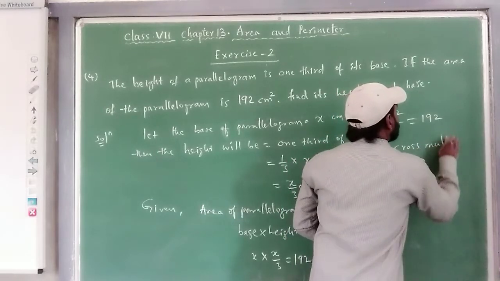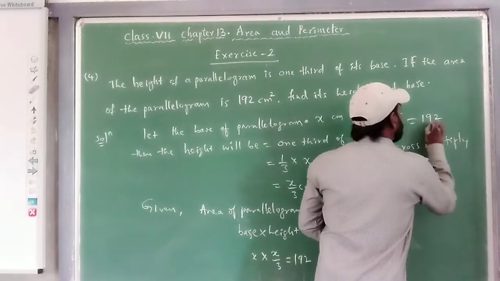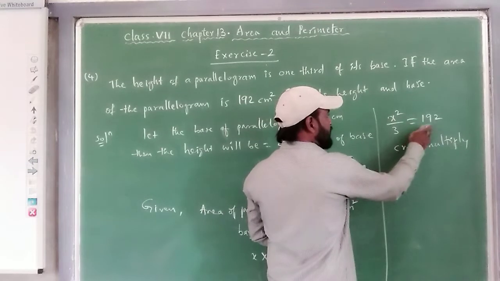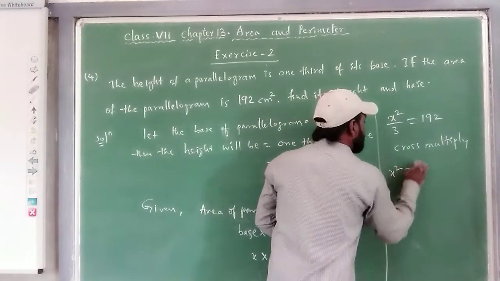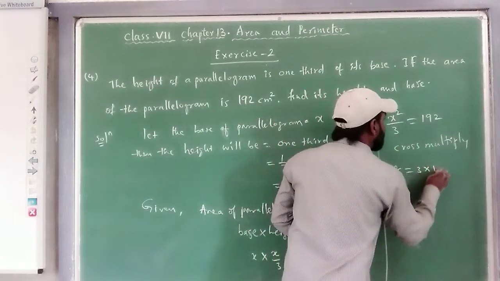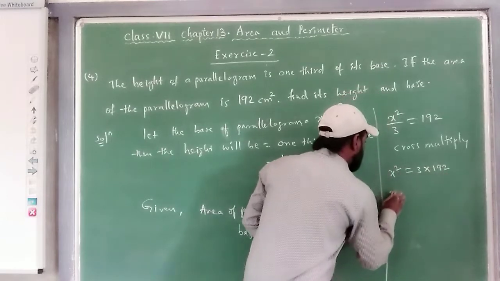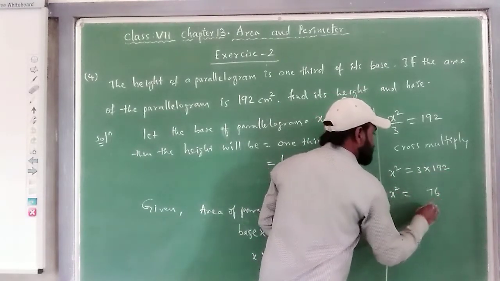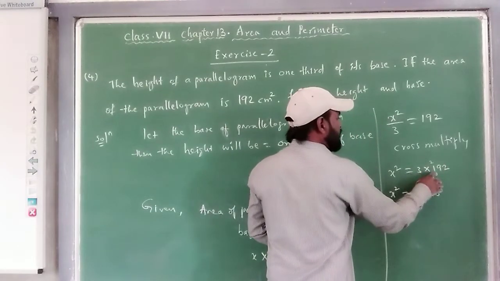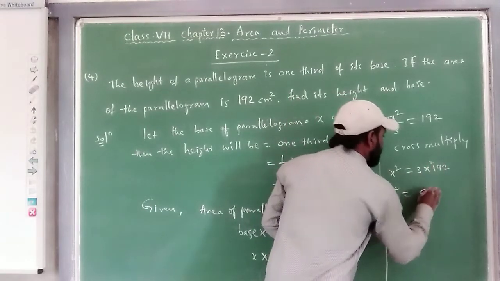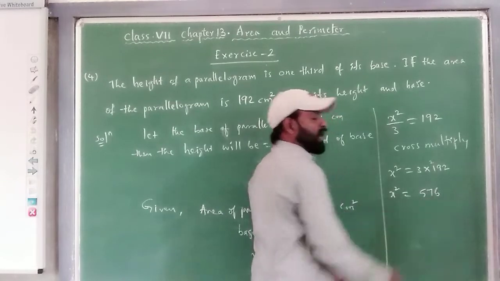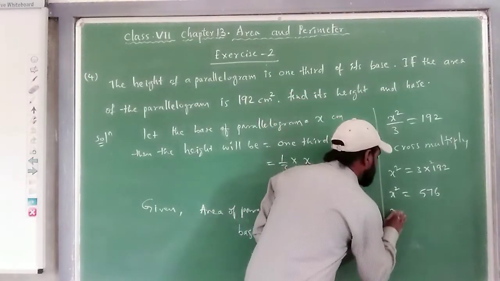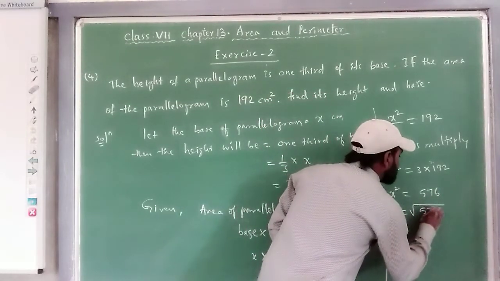Cross multiply. So 1 into x square is x square only. This side it will be 3 into 192. So x square is equal to, 3 2s are 6, 3 9s are 27, 7 here and carry 2, 3 1s are 3 plus 2, it is 576. x square is equal to 576. x is equal to square root of 576.